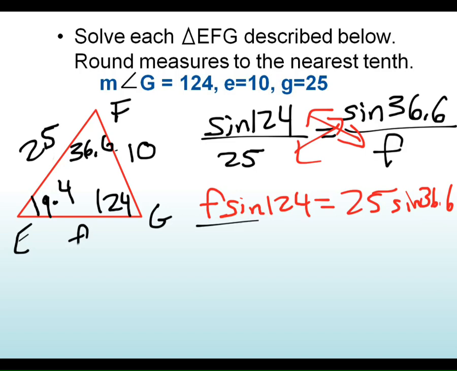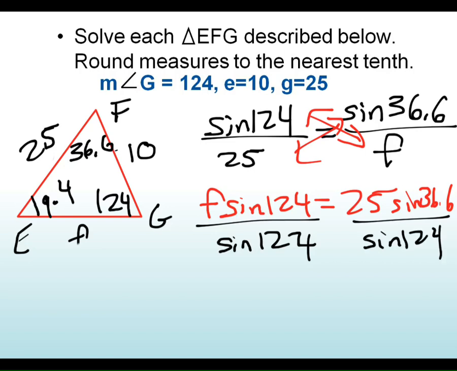And then finally to solve for f, divide by sine of 124. Those cancel. F equals 25 sine of 36.6 divided by sine of 124. You get 17.97, so if you round up, be 18.